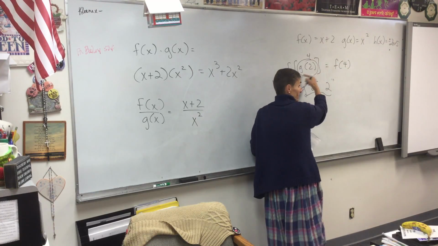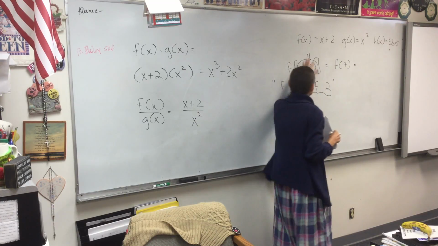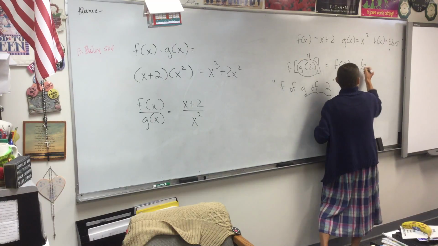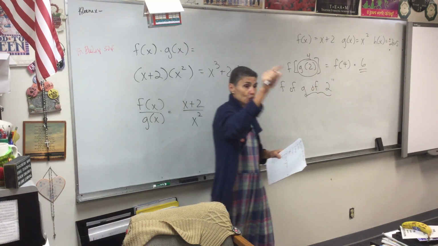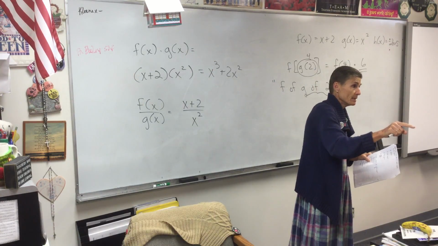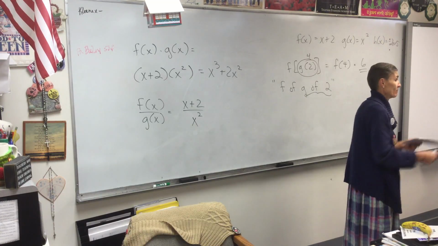And what is f of 4? 6. And that's the answer to the question. So we plug 2 into G and get an answer, and then take that answer and plug it into F, and that's the final answer.